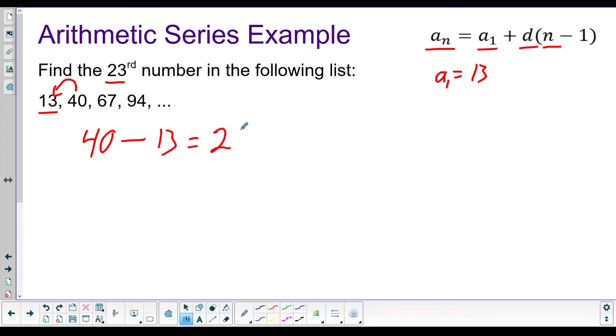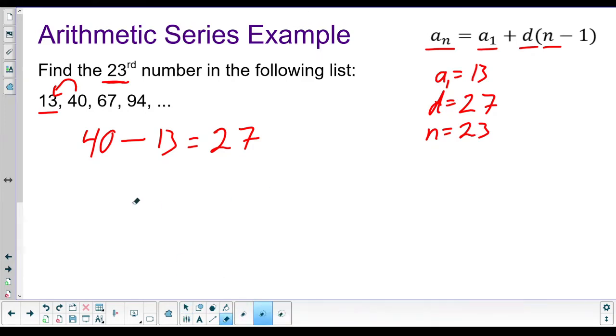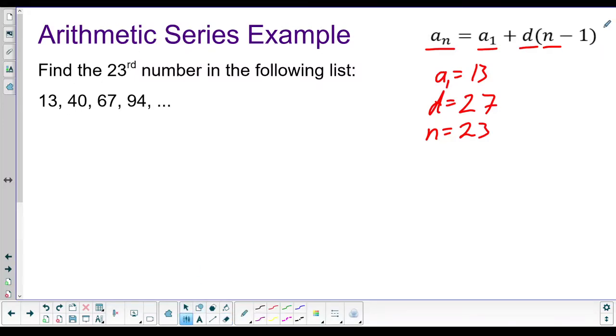So this will be 27. Okay. So D equals 27. And then N is what term are you looking for? It tells you in the problem. We're looking for the 23rd term. So N is 23. So we're going to plug these three numbers into our formula, and then we'll simplify.